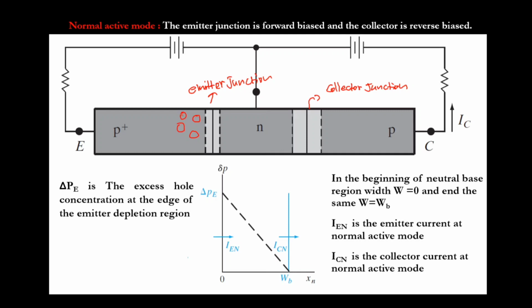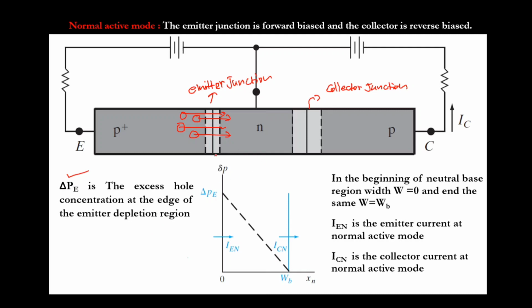So what will happen? Holes are injected here, and we know this length is less than the diffusion length, so they reach the other region. I should take one parameter, delta PE. Delta PE is nothing but the excess hole concentration at the edge of the emitter depletion region.